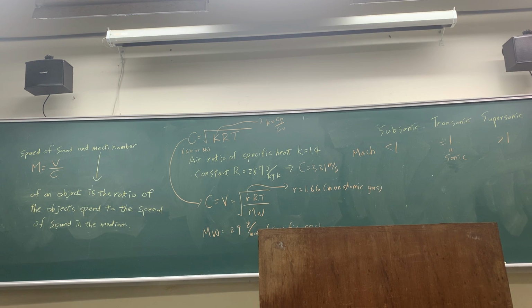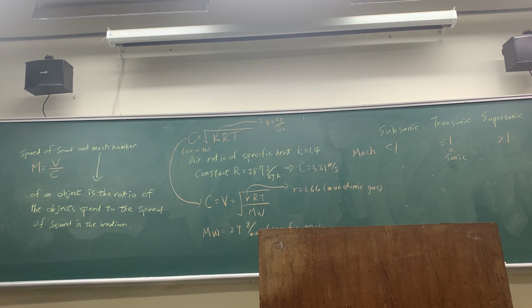Subsonic is Mach smaller than 1, meaning that you have a speed smaller than 331 meters per second. Does that make sense? Okay, and then you have transonic, Mach equals 1, and supersonic, higher than 1, and then hypersonic, higher than 5.